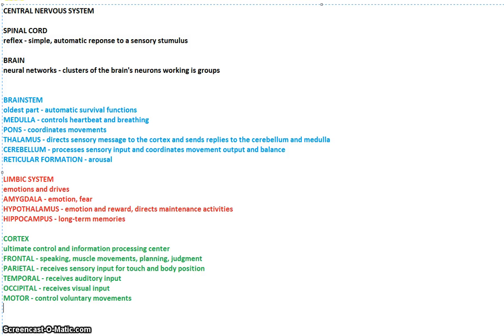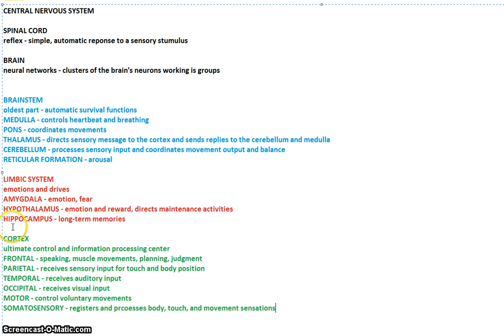You also have the somatosensory cortex, which registers and processes body touch and movement sensations.